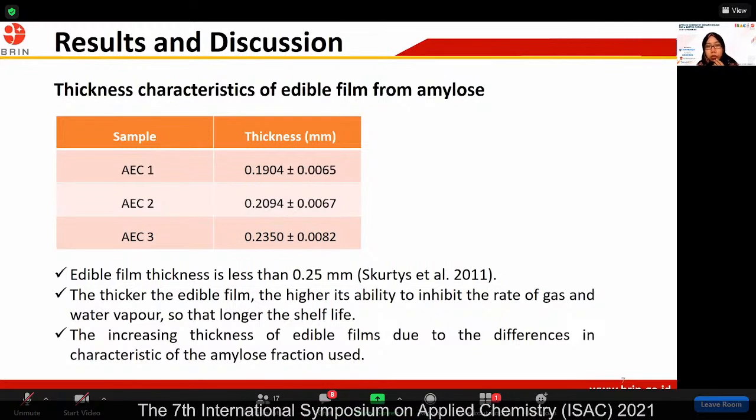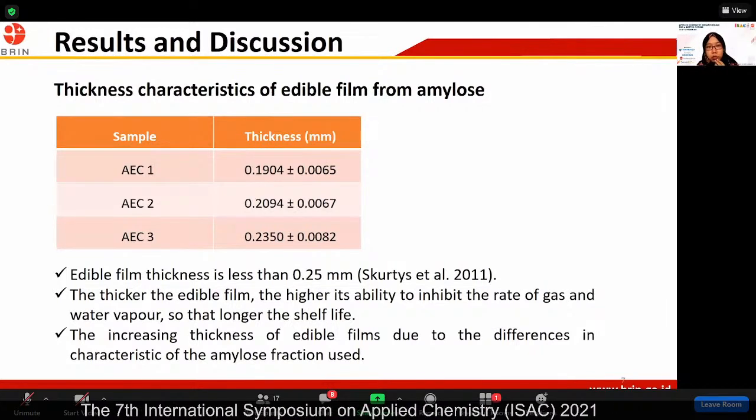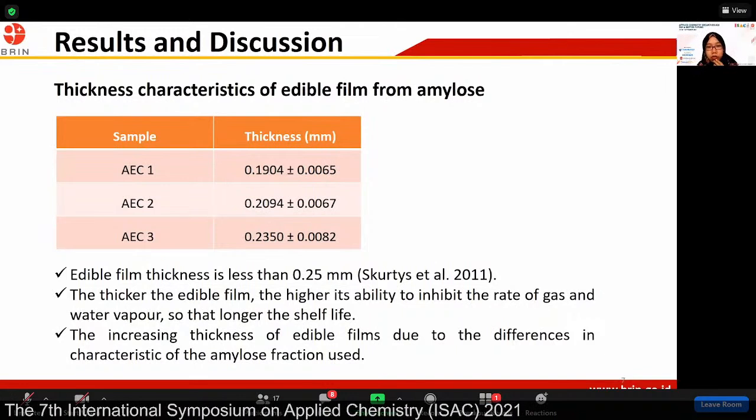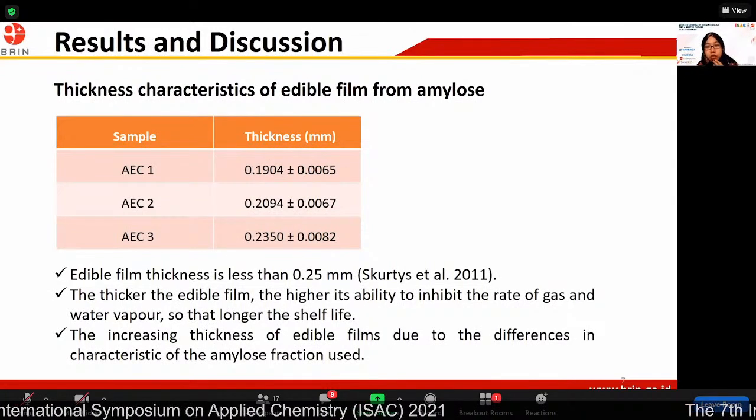And then this, according to Scurtis et al., is in accordance with the thickness less than 0.25, and the thicker the edible film, the higher its ability to inhibit the rate of gas and water vapor, so that it can lengthen the shelf life. And then the increasing thickness of edible films is due to the difference in the characteristic of the amylose fraction that we use.